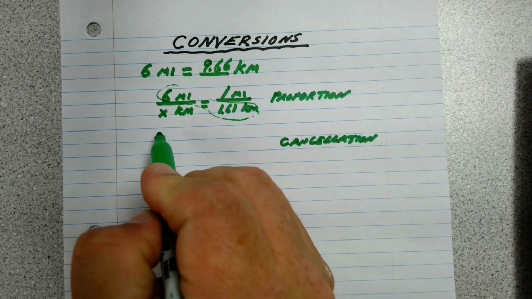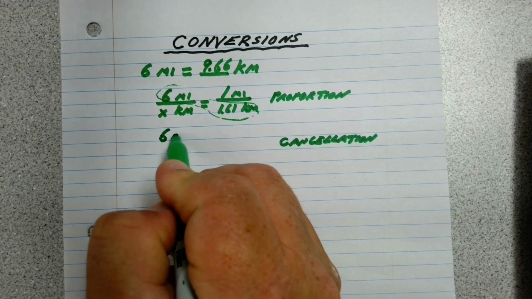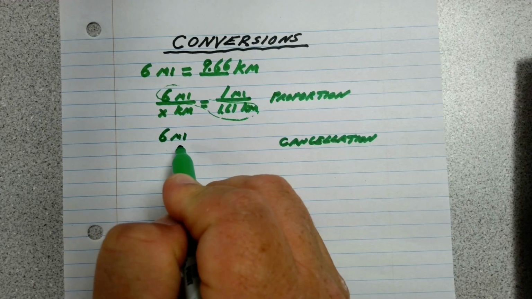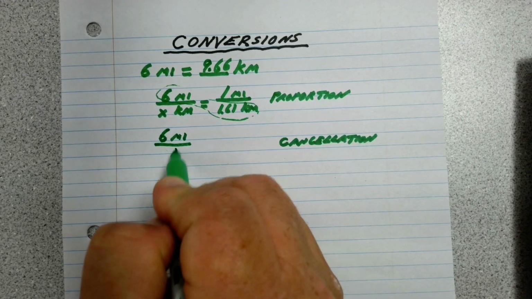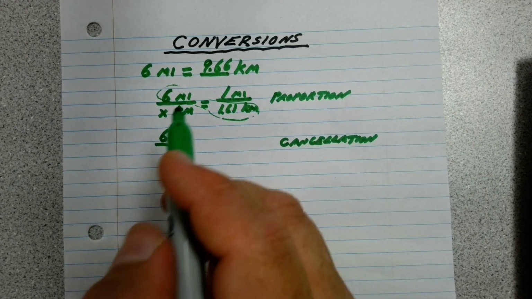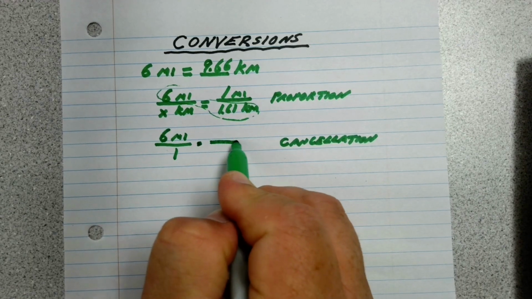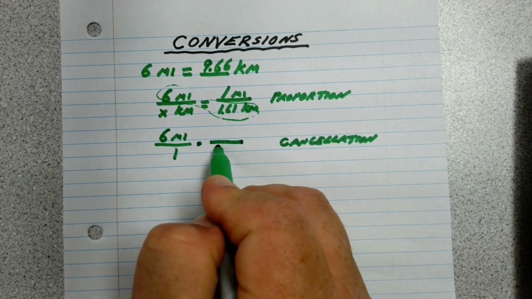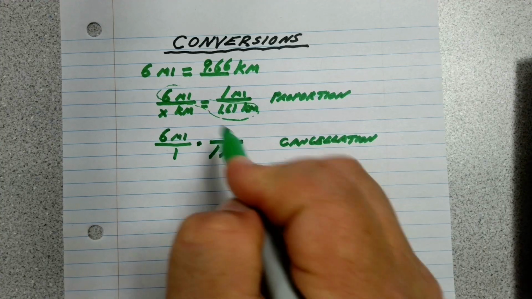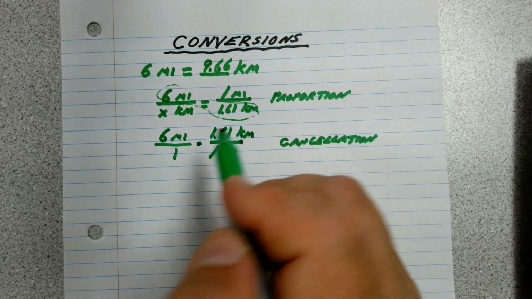Another way we can think about this, and this is the method we're going to use a lot in a little bit, we can do 6 miles and put it over the number 1, write it as a fraction. Now, the next thing we can do is multiply that by 1 mile and 1.61 kilometers.